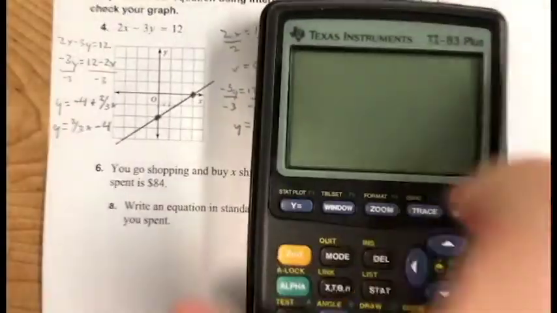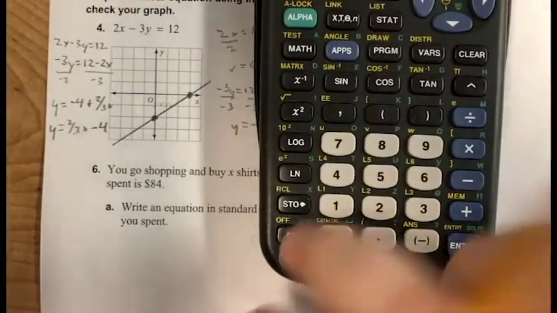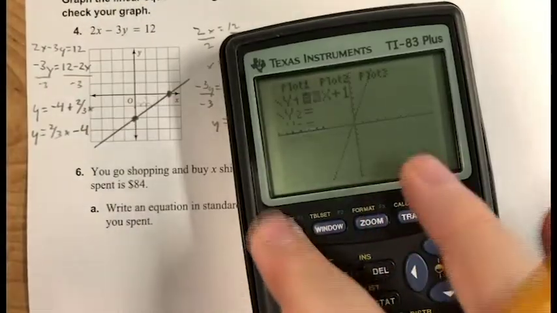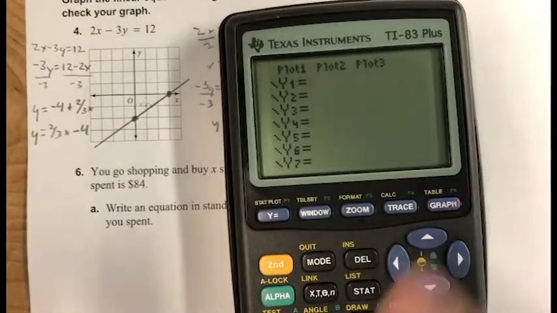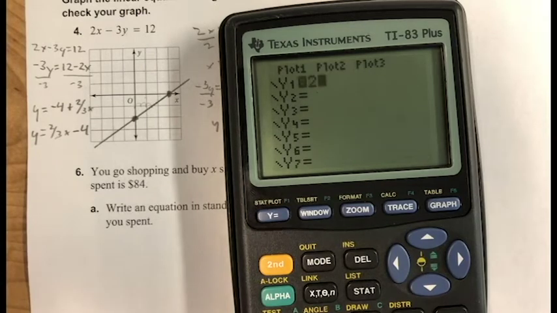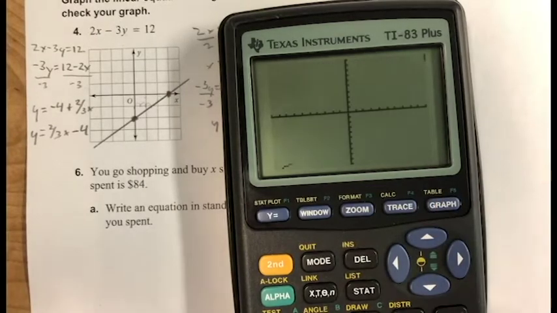It told us to use the graphing calculator. So turn it on, go to y equals, clear out what I did last time, and I'm going to put my fraction in parentheses, 2/3, close it off, x, and then subtract 4, and then hit the graph button.